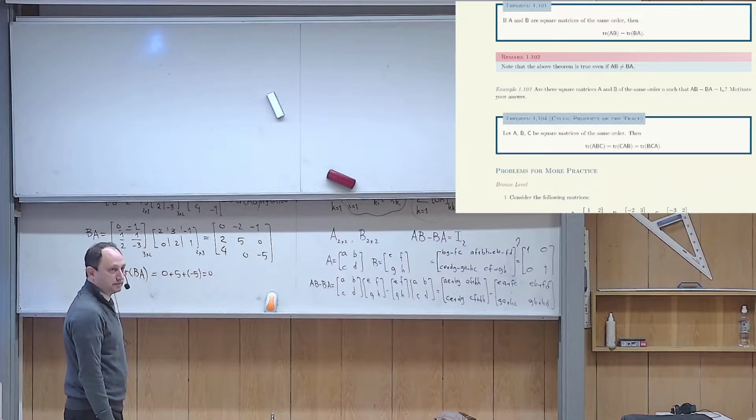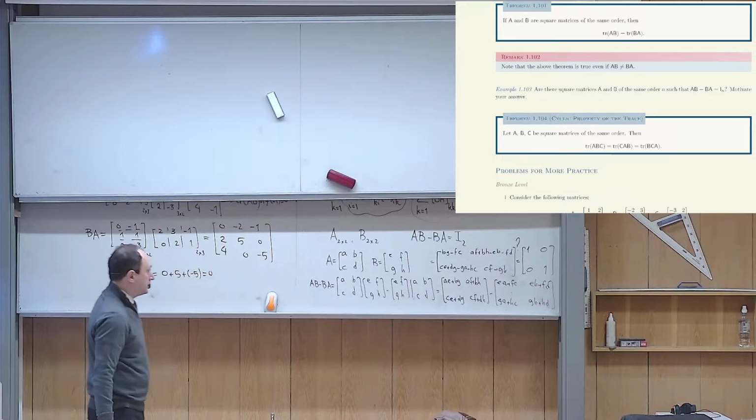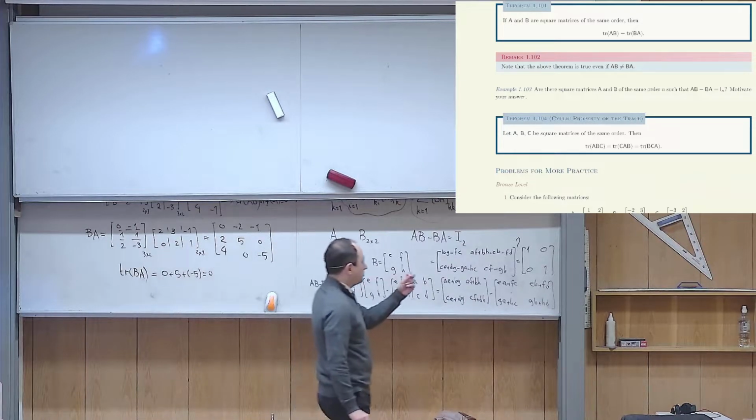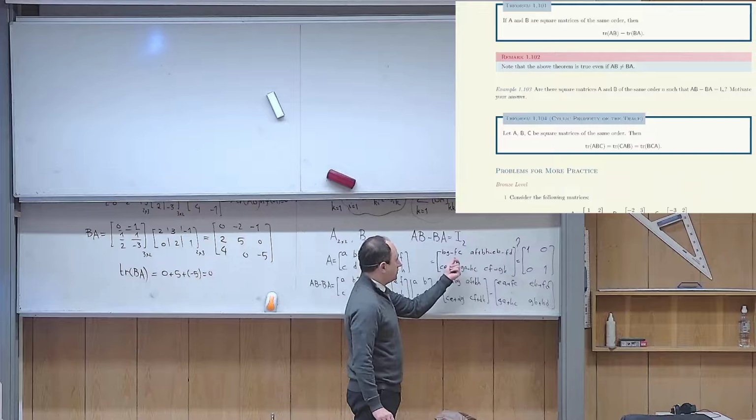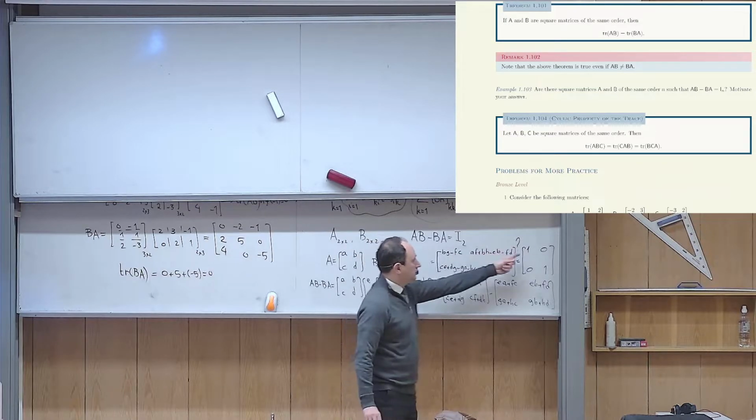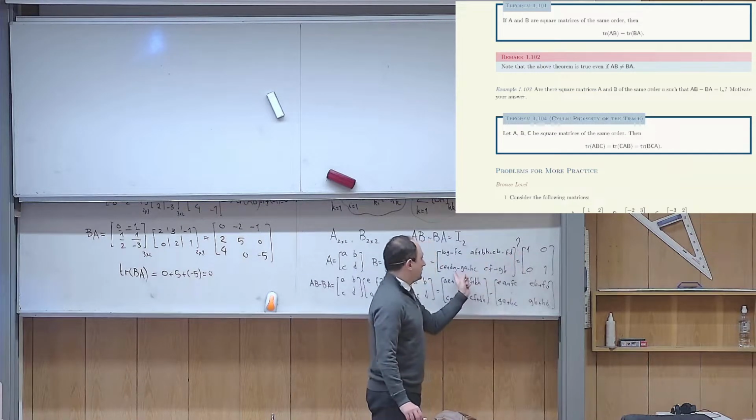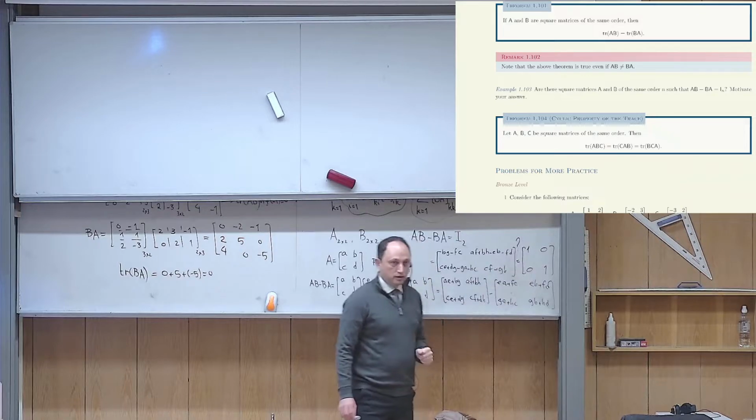Is that possible? If it is possible, then it means that you need to be able to fine-tune these parameters so that this becomes 1, this becomes 0, this becomes 0, and this becomes 1.